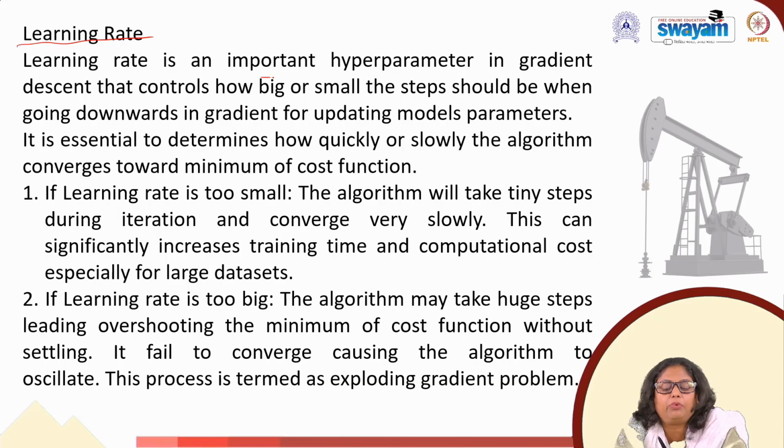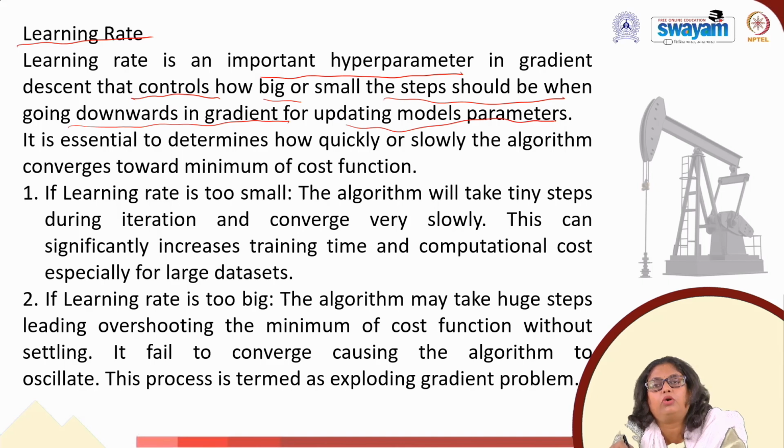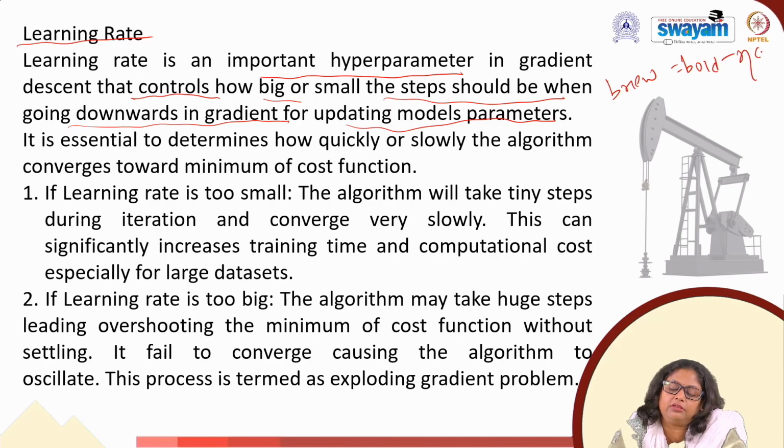It is an important hyperparameter in gradient descent that controls how big or small the step should be when going downward in the gradient for updating the model parameter. So for the model parameter, we update b new by b old minus eta times slope.